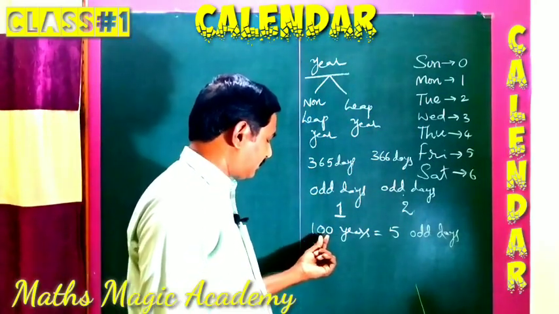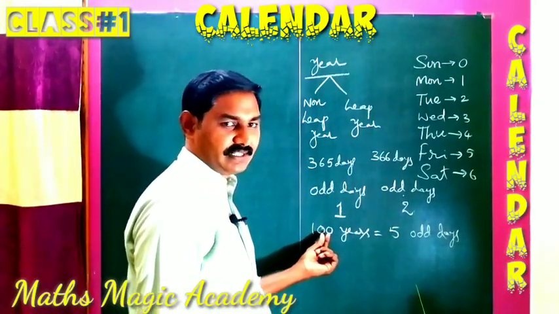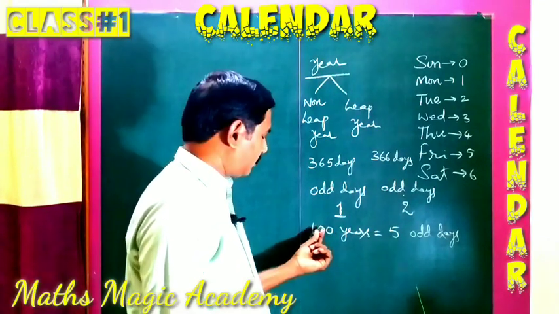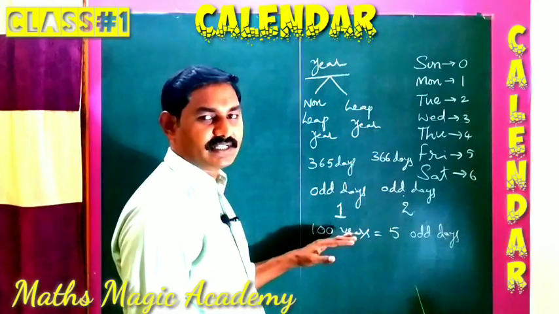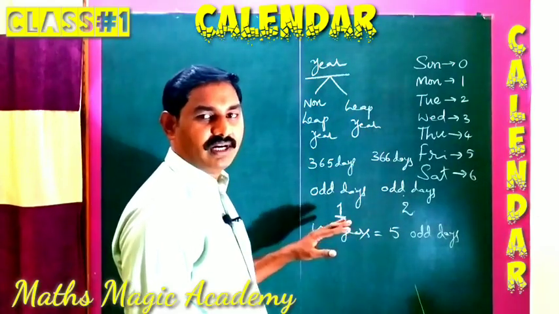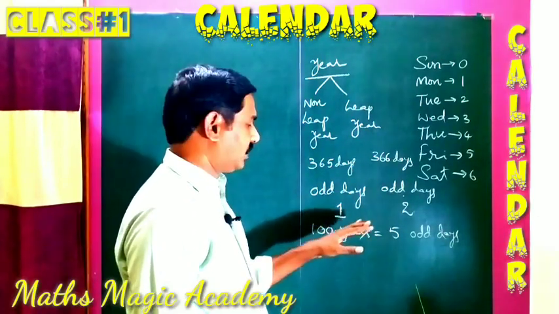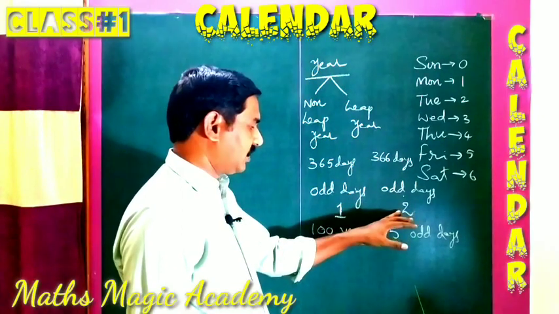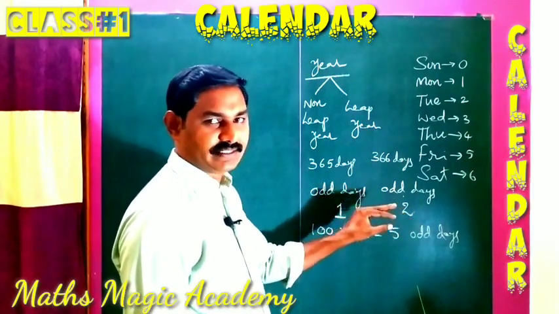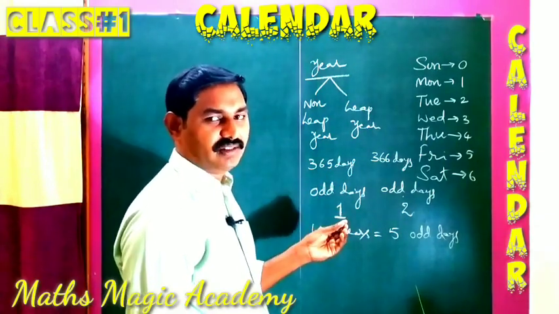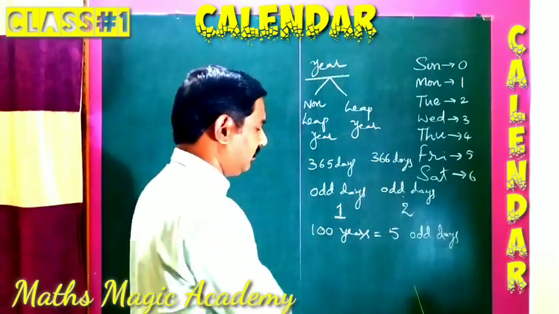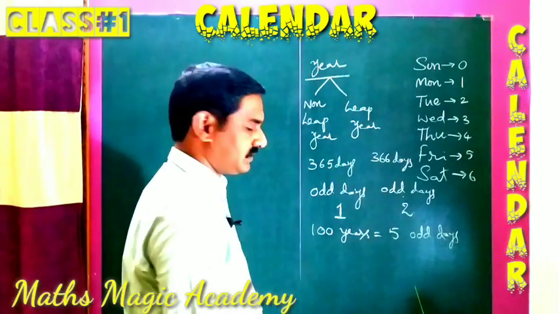Up to 100 years, there will be 76 normal years and 24 leap years. So 24 leap years carry forward 24 into 2, 48 days, plus 76 days. If you add all those and divide by 7, you will get 5 odd days.